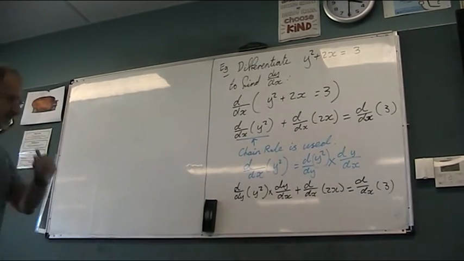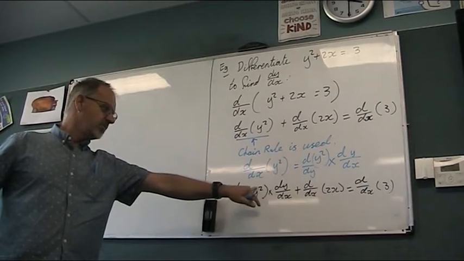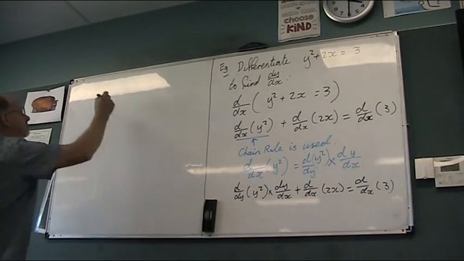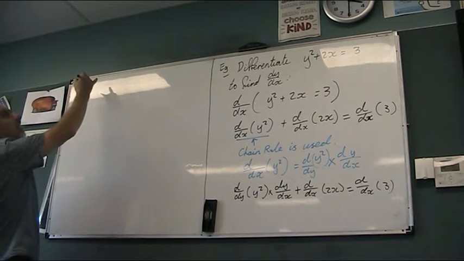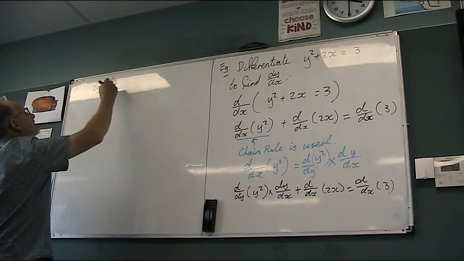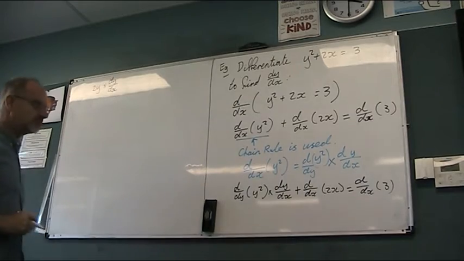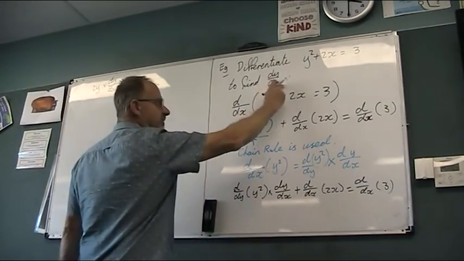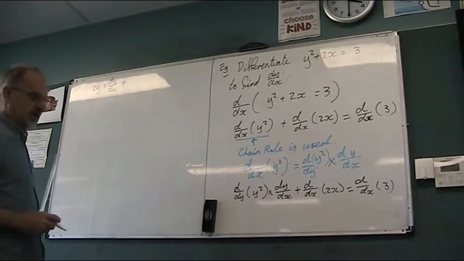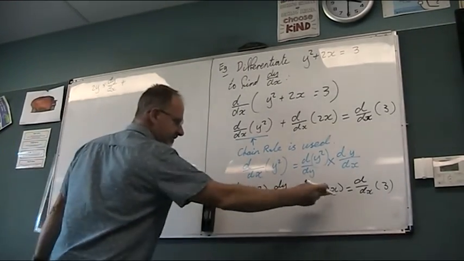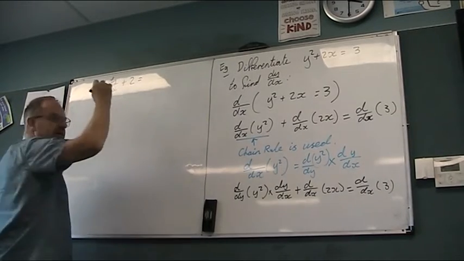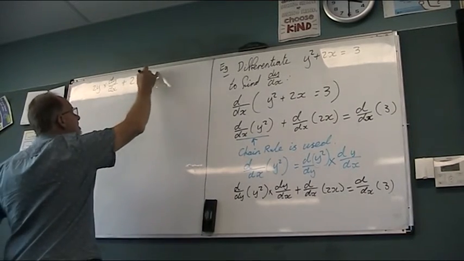All right, so if we're differentiating y squared with respect to y, what do we get? 2y, yep. So then we've got 2y times dy dx, which is what we're after in here as well, plus, when we differentiate 2x with respect to x, we get 2, and when we differentiate 3, we get 0.